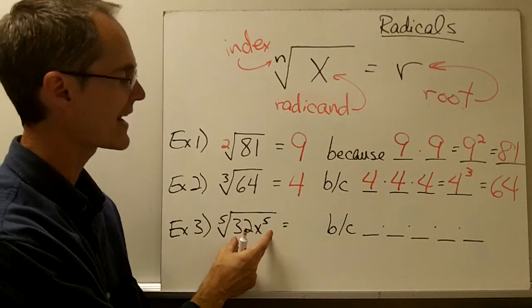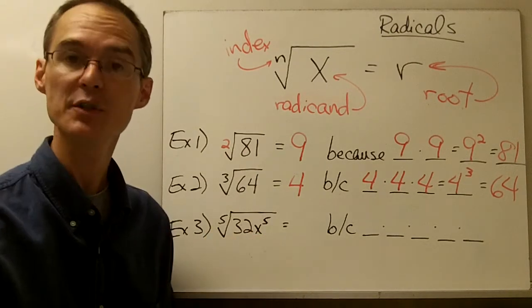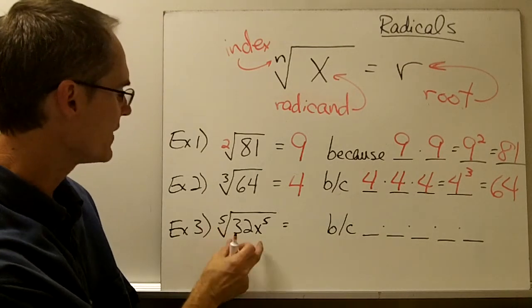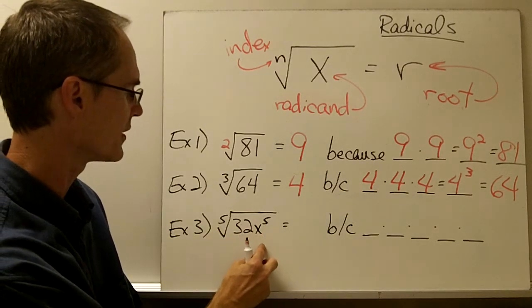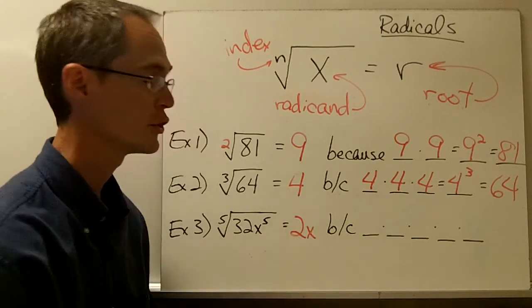The fifth root of 32x to the fifth. Now our radicand is not just a number, it's an algebraic expression. The fifth root of 32x to the fifth power is going to be equal to 2x.